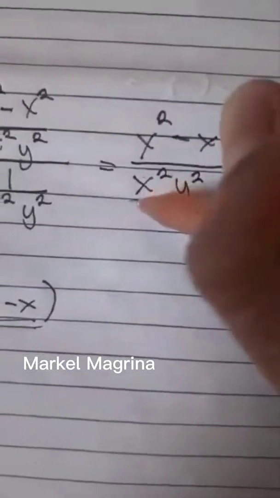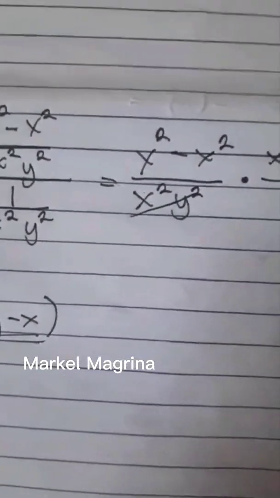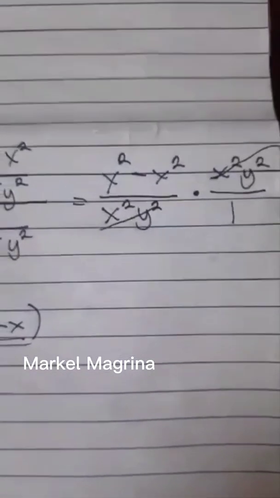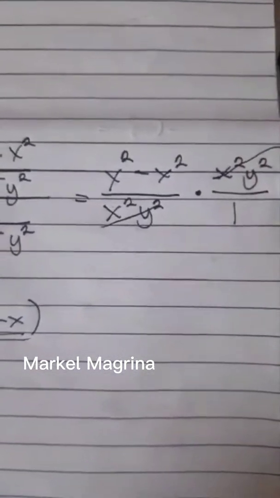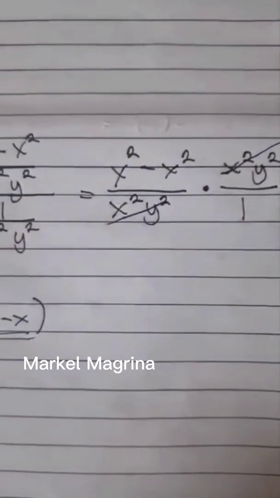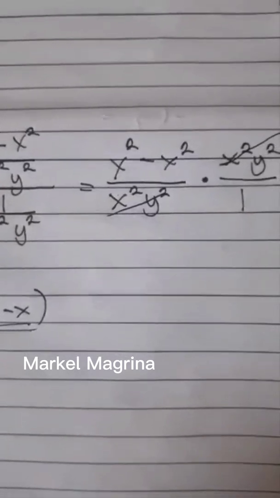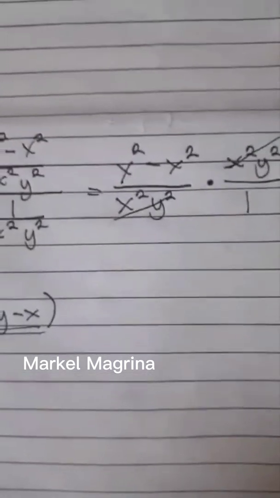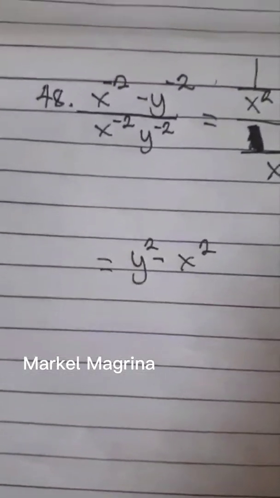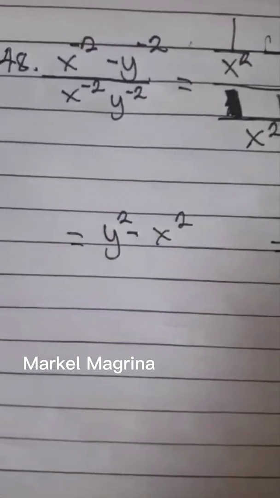Cancel out x to the power of 2 y to the power of 2 on both sides since they are the same. So what remains is y to the power of 2 minus x to the power of 2 and the 1. Multiply the two.